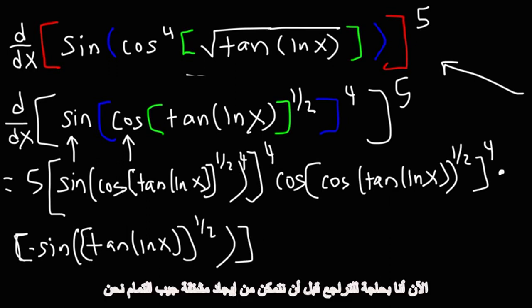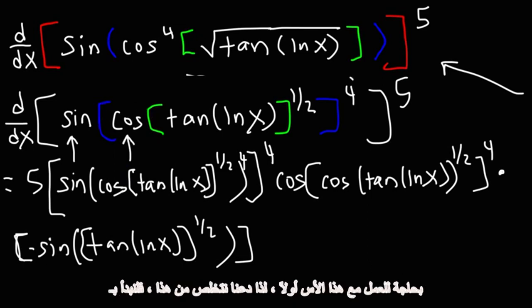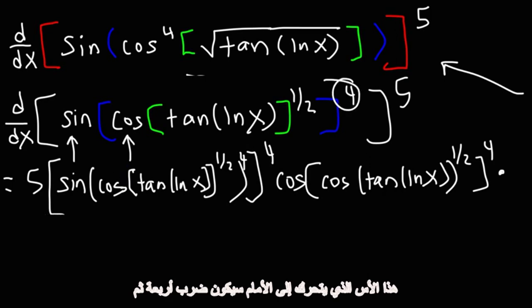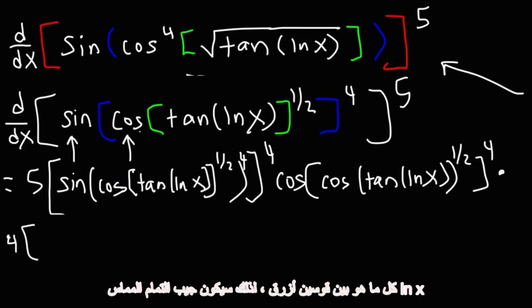Now I do need to take a step back. Before we can find the derivative of cosine, we need to work with this exponent first. So let's get rid of this. Starting with this exponent, moving it to the front, it's going to be times 4, and then everything that is in the blue brackets.